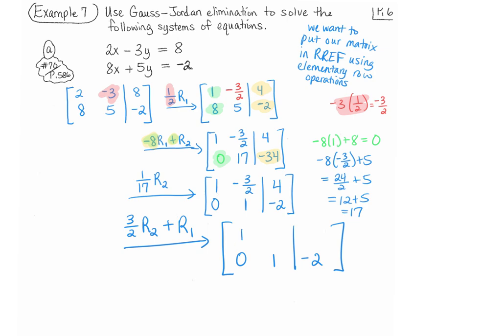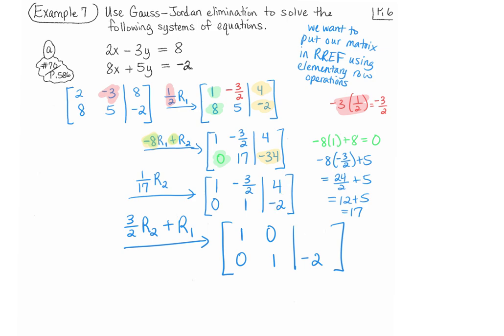So this remains a 1. 3 halves times 1 is 3 halves minus 3 halves is 0. Good. 3 halves times negative 2 is negative 3. Good. Negative 3 plus 4 is 1.